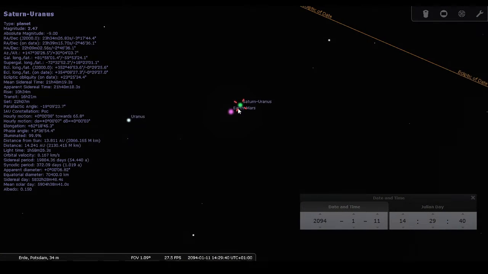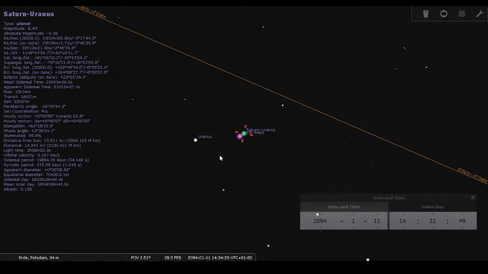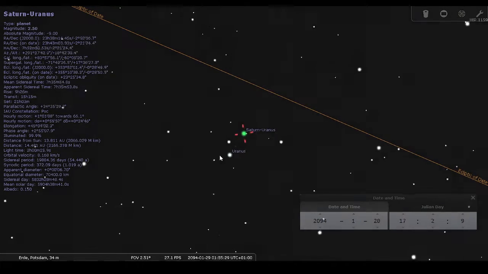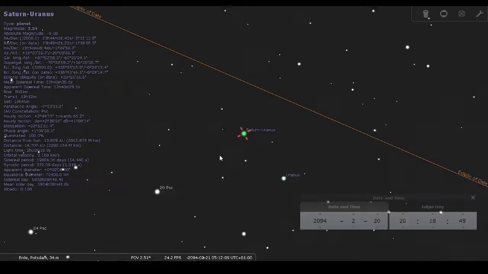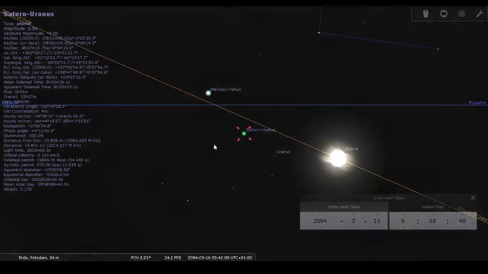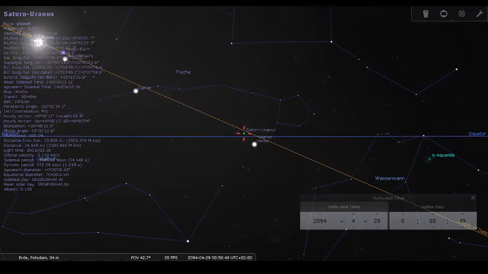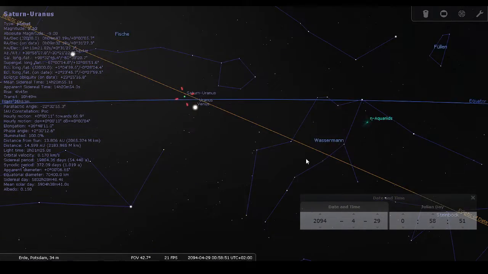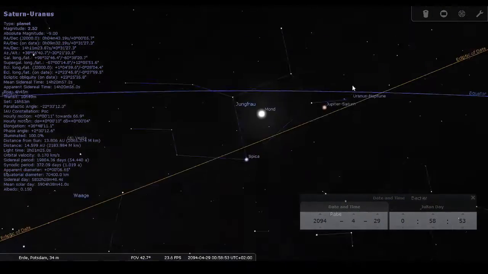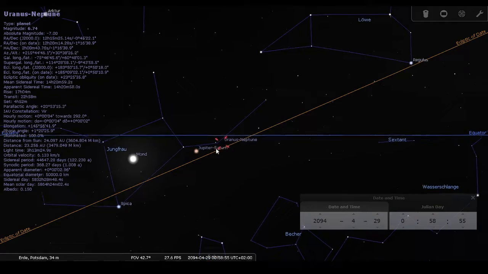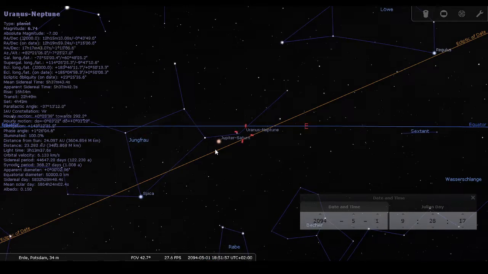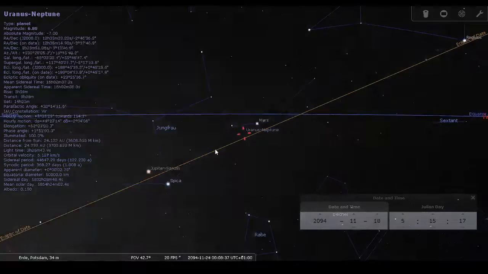But now take a look at Saturn-Uranus, and you can see that Saturn-Uranus is of course moving a bit faster than Uranus. There are lots of planets. And last but not least, there is a planet called Uranus-Neptune. It's in between Uranus and Neptune.